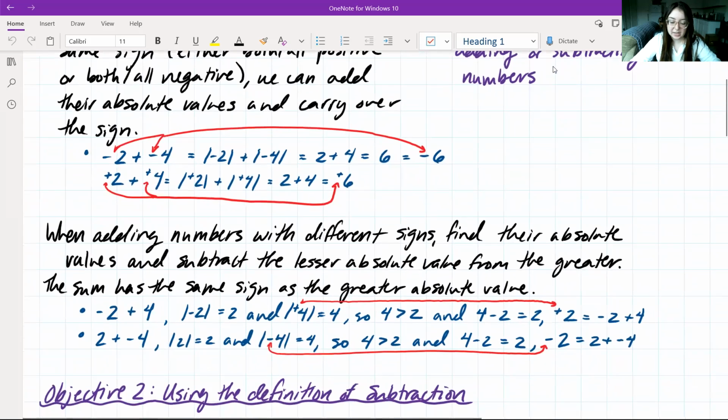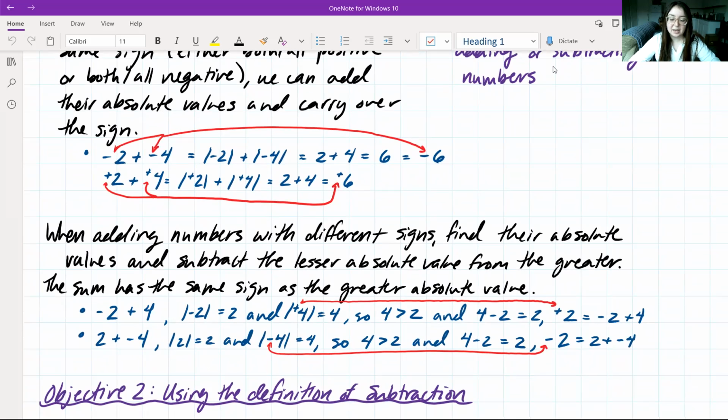So when adding numbers with different signs, we find their absolute values, and we subtract the lesser absolute value from the greater. And the sum has the same sign as the greater absolute value. So a little bit confusing here.